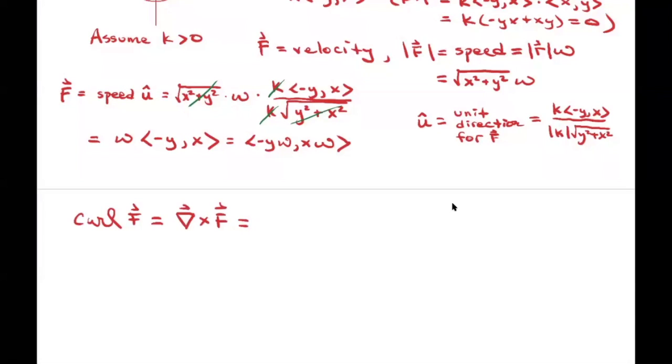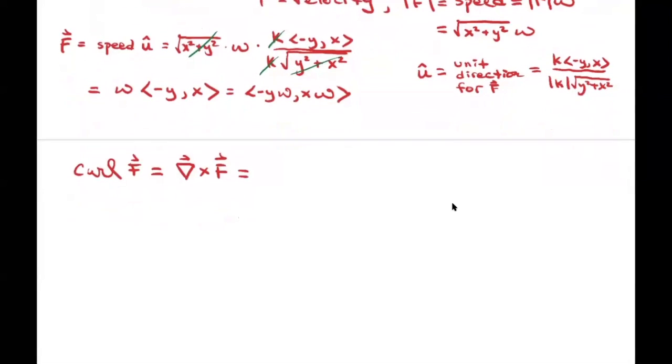I expect it'll only have a k component because the rotation is in the xy plane, and the axis of rotation, therefore, is the z-axis, or the k unit vector if you want a unit vector. So the curl will have only a z component, something times k. So we'll do this real quick here.